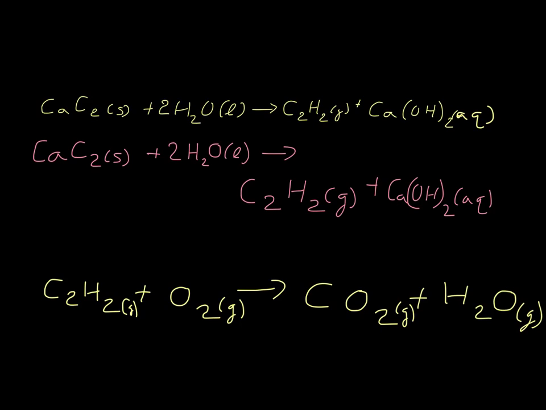Let's also look at the 2. There is a 2 in front of my water. What is this 2 here? A big number out in front of a substance in a chemical equation is referred to as a coefficient.